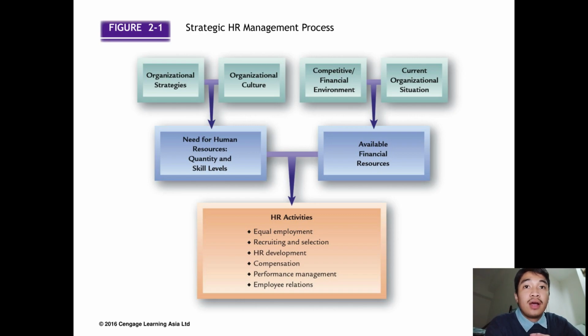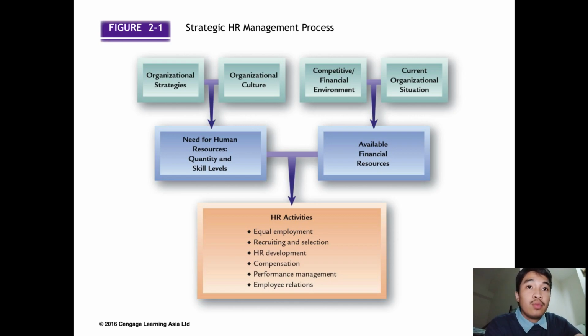We have the organizational strategies together with the organizational culture, which when you combine them together has the need for human resources, quantity and skill levels, aka talent acquisition, training, upskill, etc. And we have on the other side here the competitive financial environment and the organizational situation.